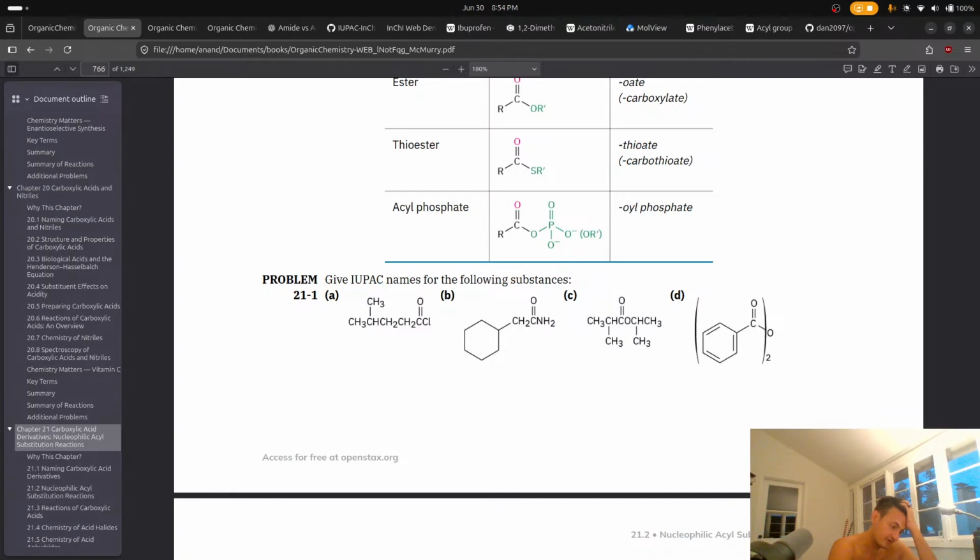And then for amide, I think we just add amide. But the thing is, it's not ethanoic acid. See, that's if it's like the parent. Because what is this? If we have psi COOH, this is cyclohexane carboxylic acid.